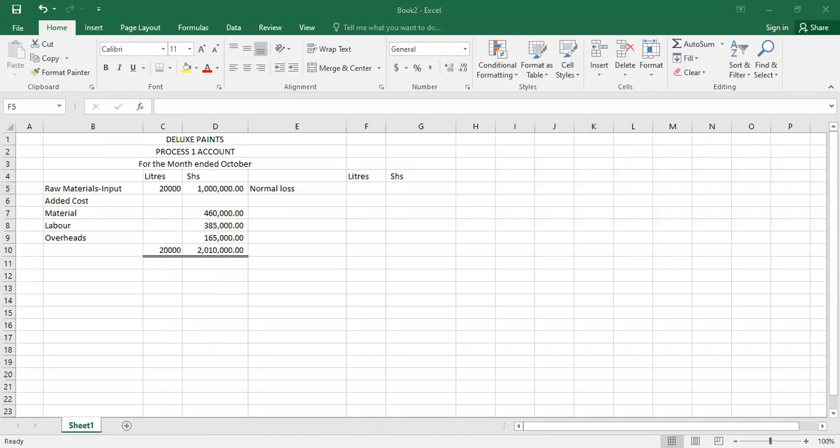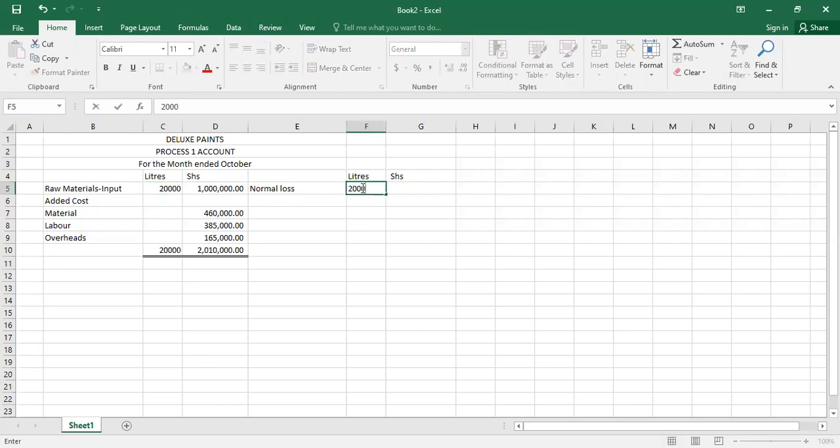We've been told that normal loss is supposed to be 10% of the input. So our input is 1 million. 10% of 20,000 liters is 2,000.